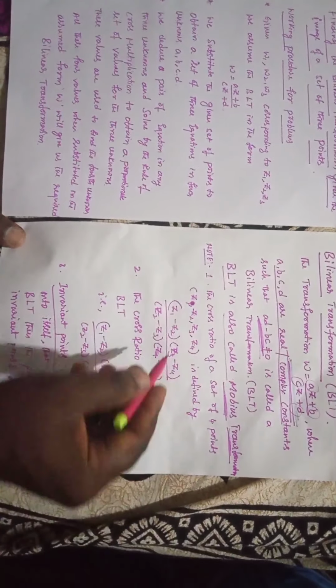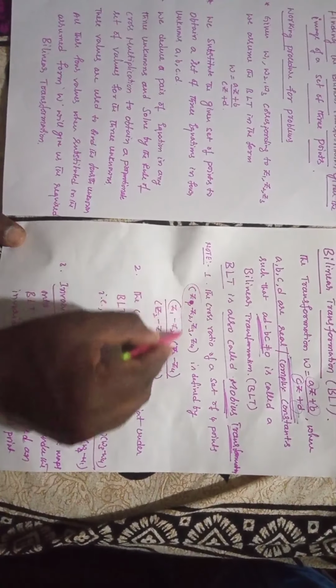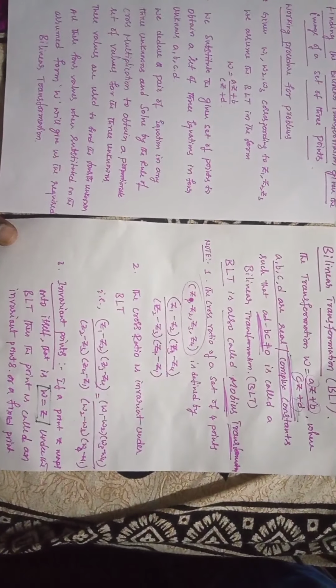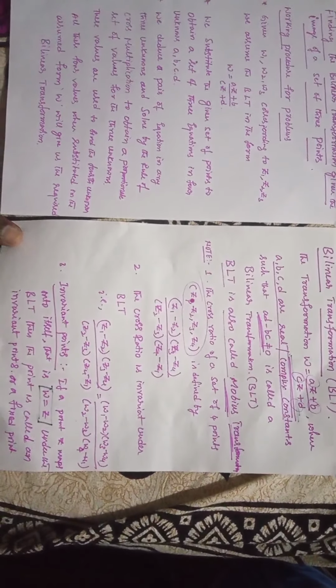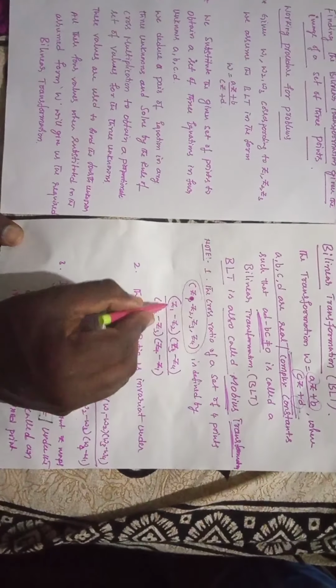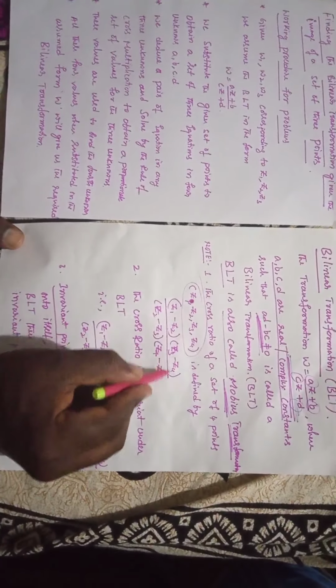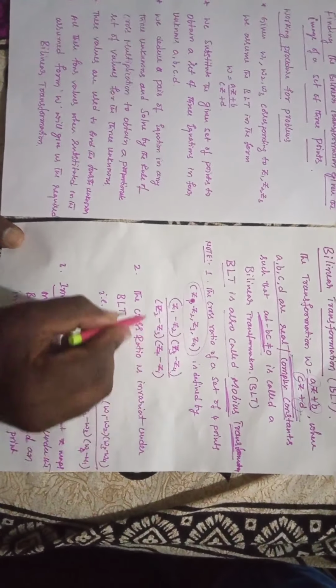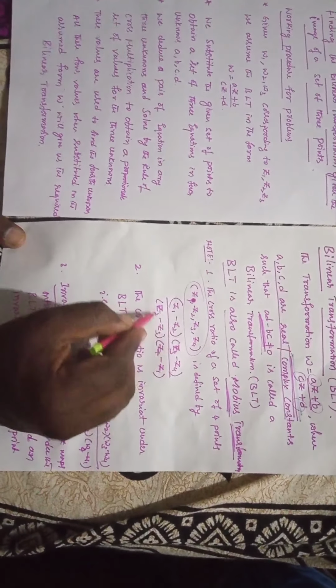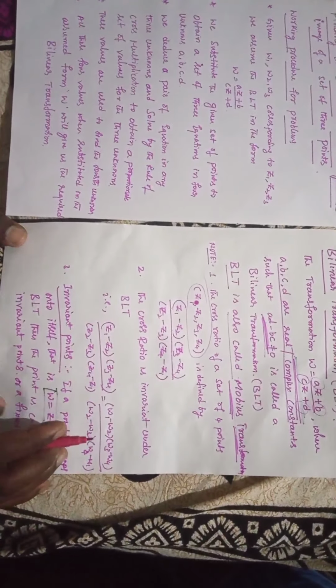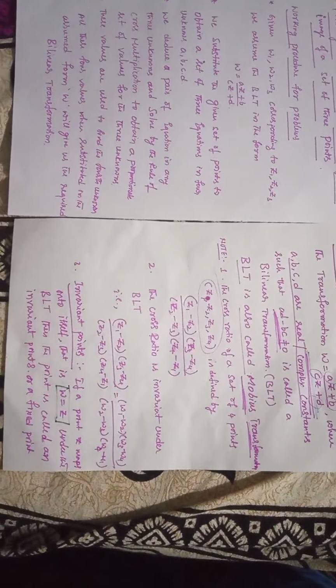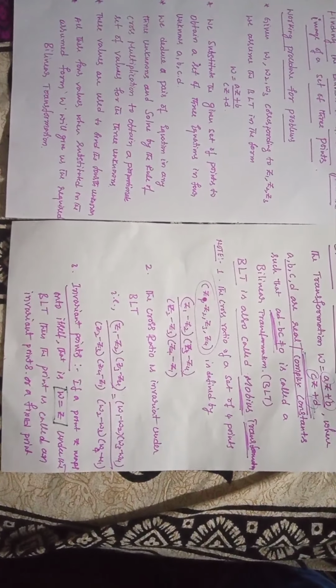The cross ratio means the ratio of some points. I will write these points as z1, z2, z3, and z4. It is defined by (z1 minus z2) into (z3 minus z4) divided by (z2 minus z3) into (z4 minus z1). This is the cross ratio of a set of 4 points. This is one of the definitions.